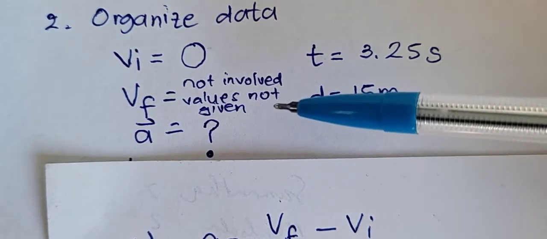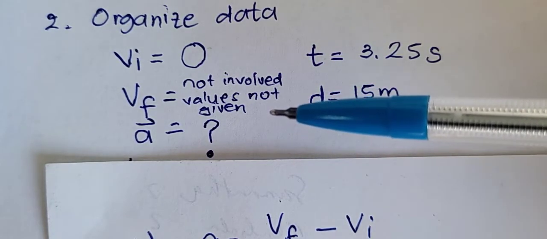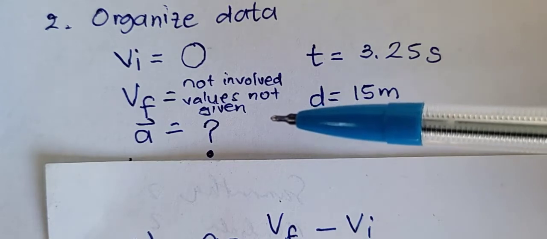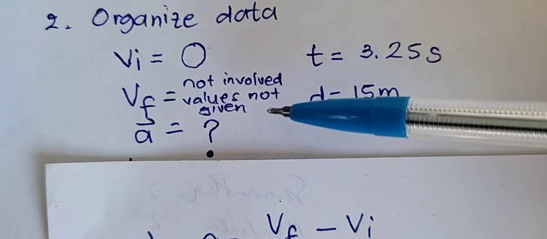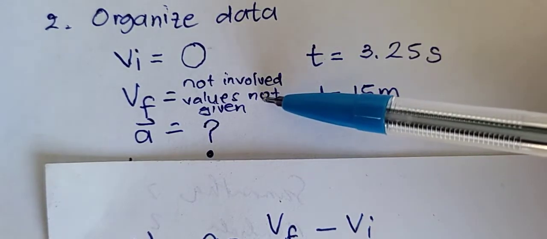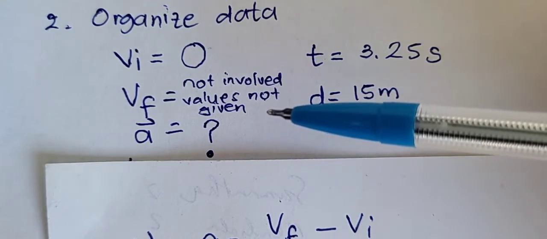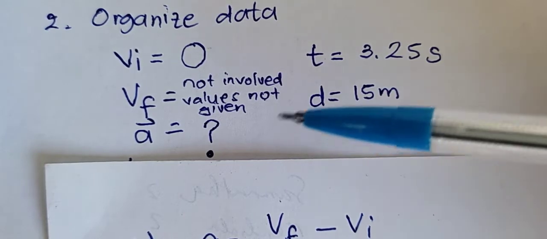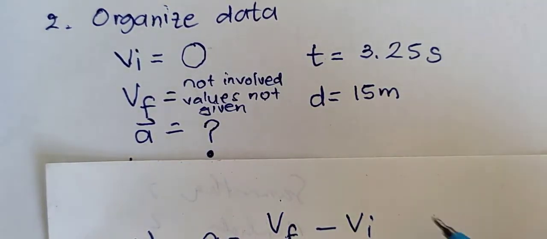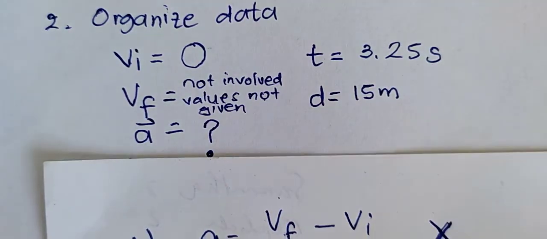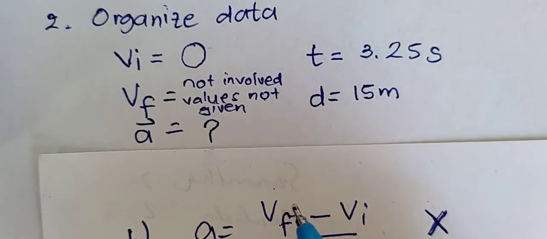So in that case, if the physical quantity is not involved or not given at the same time, it means that it cannot be used as our working equation. Therefore, equation number 1 is not applicable to solve the problem, because Vf is not involved and values are not given.